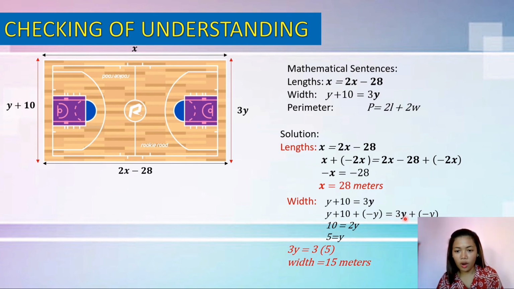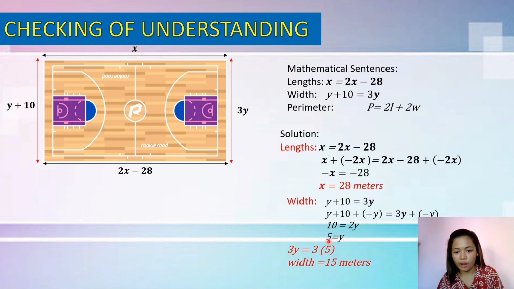So we have 3y plus negative y is equal to 2y, and what remains on the left side is 10. Then we have 10 is equal to 2y. To get the value of y, we multiply both sides of the equation by 1/2, or divide both sides by 2. So y is equal to 5.